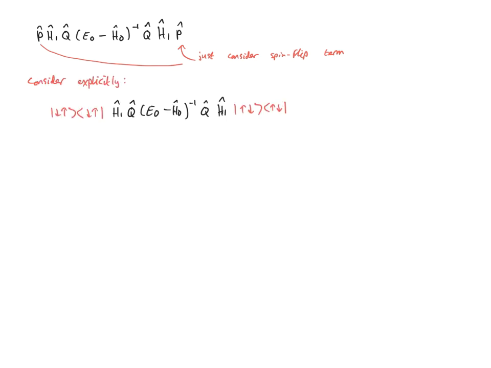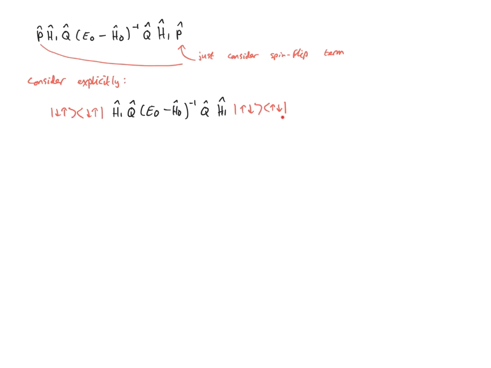So I'm going to consider explicitly this term here, where on the right-hand side I start with an up-down state, but on the left-hand side I'm going to end up with a down-up state. So overall, the spins on the two orbitals have been flipped, and this is basically part of the exchange interaction that we're seeking to understand.